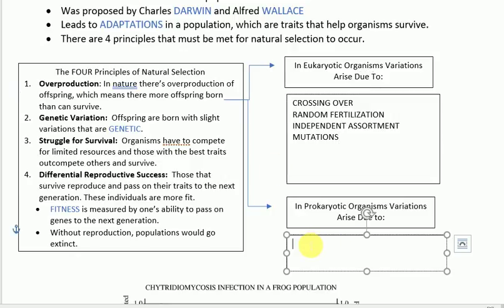On the other hand, in prokaryotic cells, or prokaryotic organisms, variations are going to arise due to mutations, conjugation, transduction, and transformation.